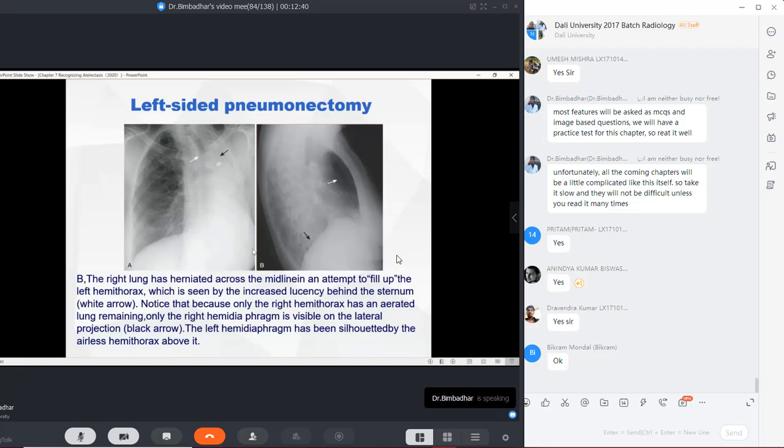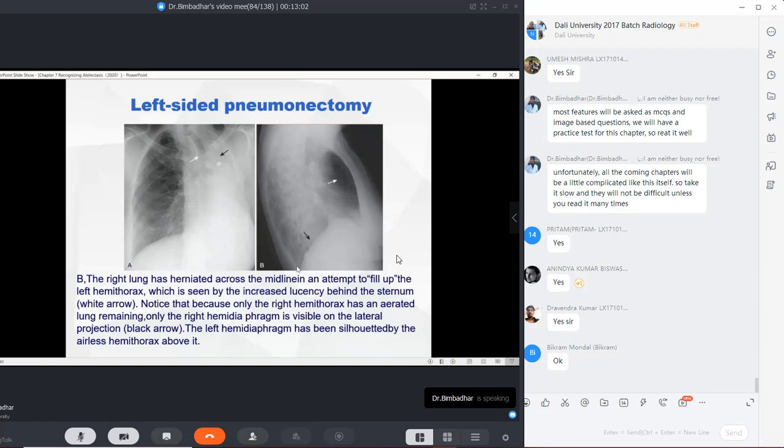And you can also see here that the right hemidiaphragm on the lateral projection is the only one that is visible. The left hemidiaphragm is not visible. Why is the left hemidiaphragm not visible? Because you see here, it has been completely opacified. So only a single diaphragm is visible.